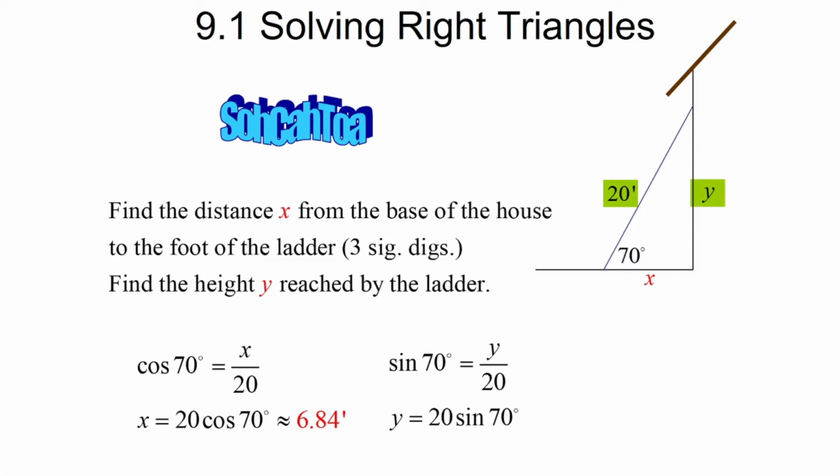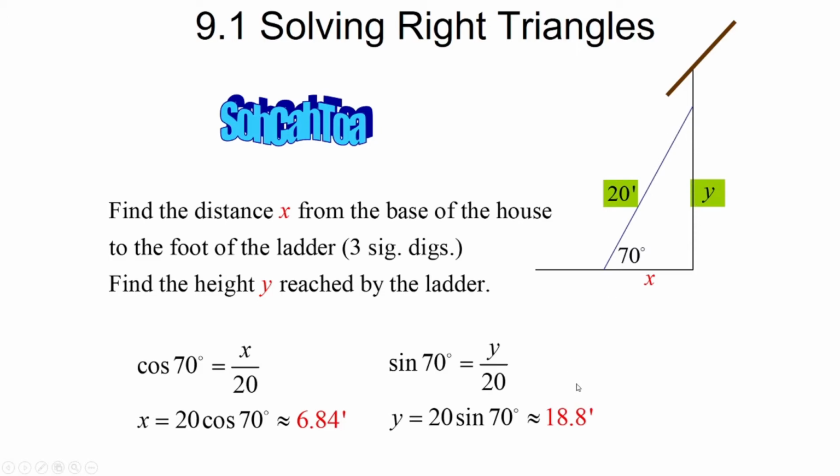So 20 times sine of 70 degrees is, and to 3 sig digs, I am getting 18.8 feet. 18.8, and remember our units, feet. So this ladder right here, that's a big ladder, is reaching 18.8 feet up the side of this house.